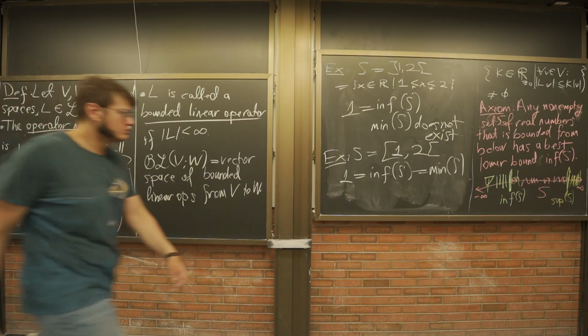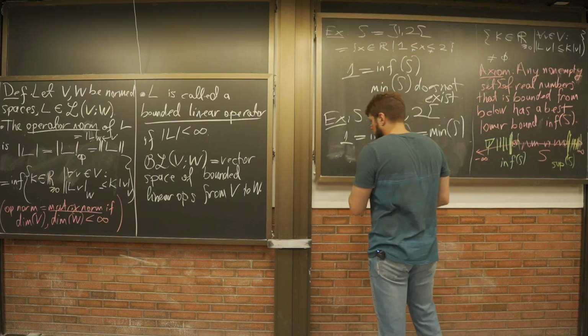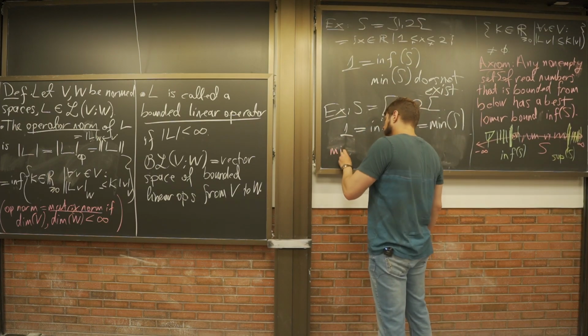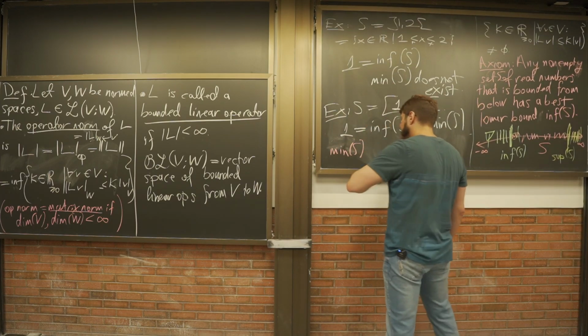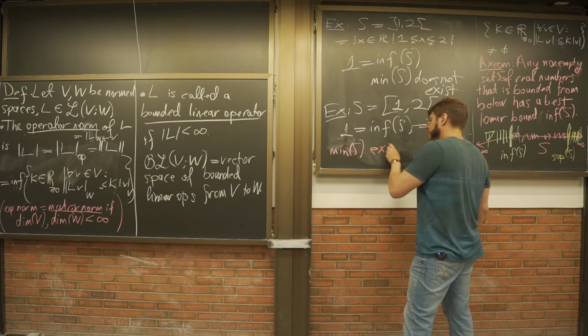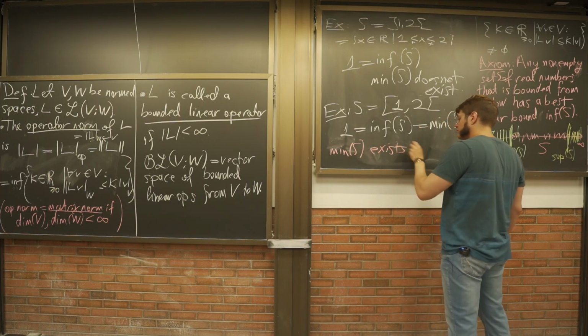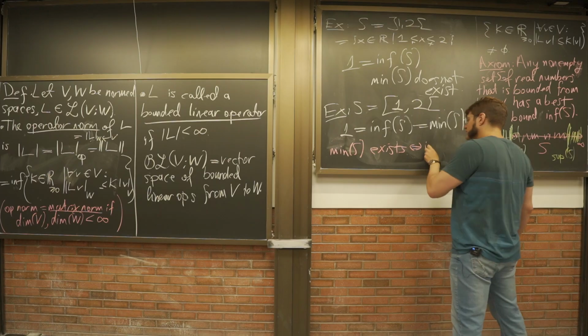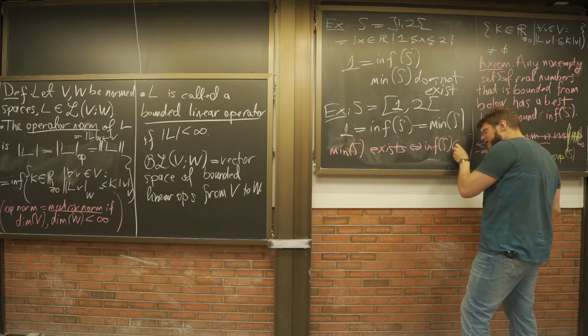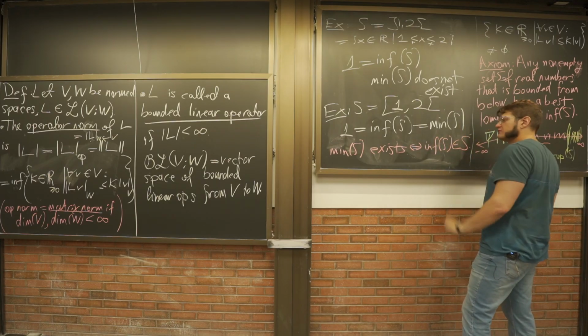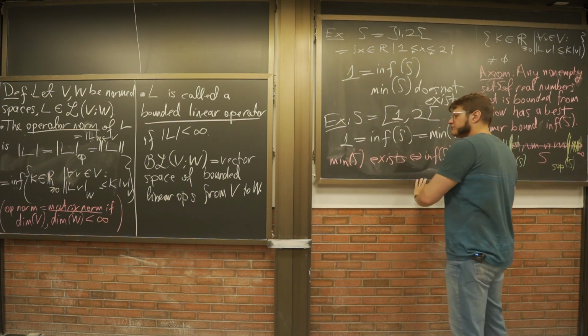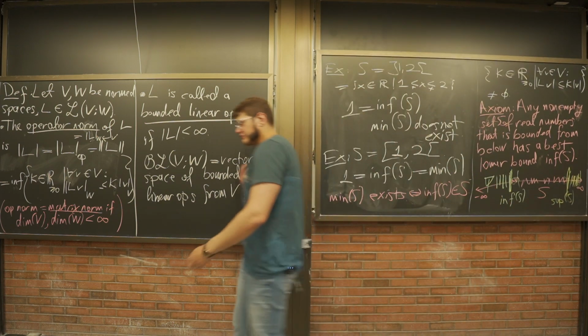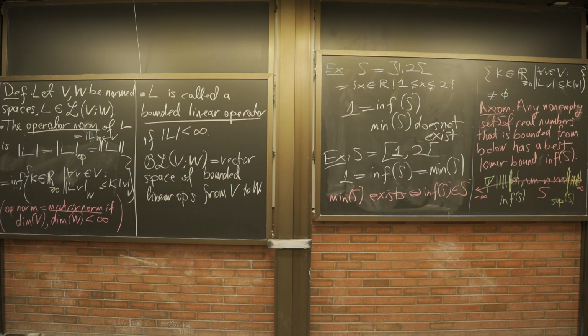So to wrap up, min of S exists if and only if inf is an element in S. That's a summary of this whole business. Any questions?